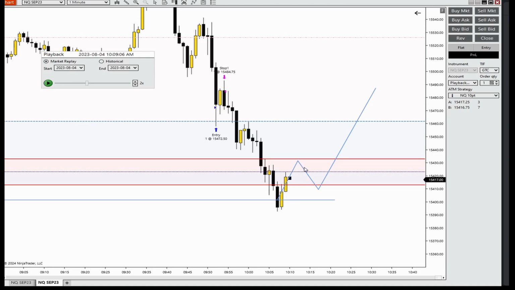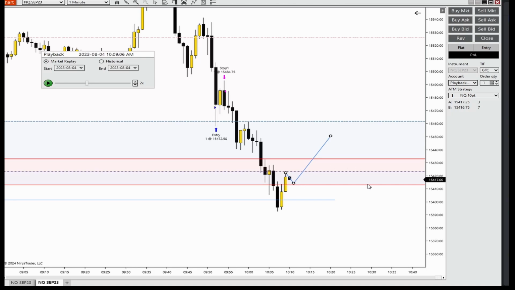But what about for drawing our areas of interest? What if we just make a fractal in here that breaks this area? How important is this zone now? Because our expectation of price, if we're going to go lower, is we do this. So now we're starting to form expectations of narrative.